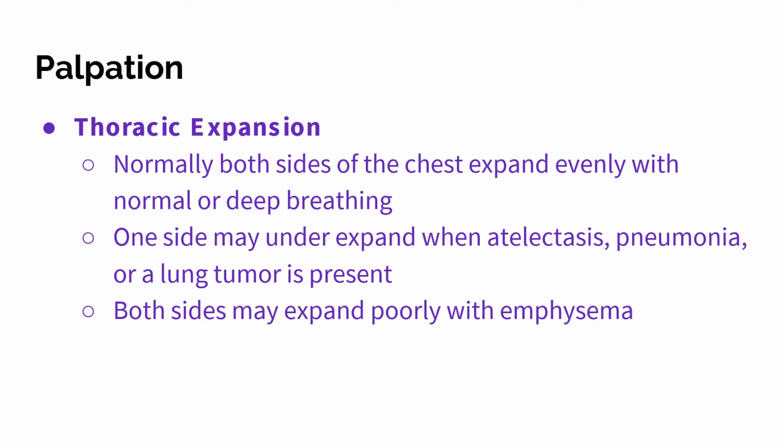Palpation. Now here is where we're actually using more of our hands to do the examination part. So this generally is looking at thoracic expansion, and the next slide will show it a little bit more, but I just want to talk about this first before I move on. So basically both sides of your chest wall should expand evenly.